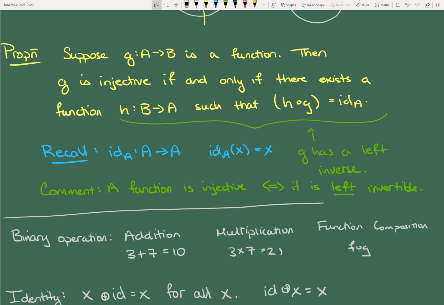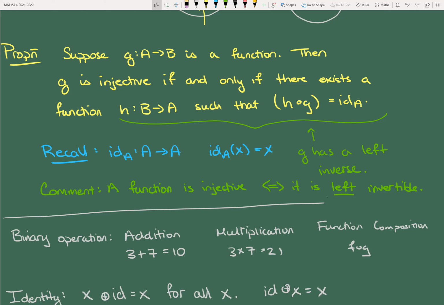Okay, so this brings up a great question, and I got it in the direct message, but this is actually a phenomenal question. So I said that the corresponding analog of this proposition here is that a function H is surjective if and only if it has a right inverse G, right? But what you'll notice is in this statement, that G has a left inverse, H. H has a right inverse G, right?